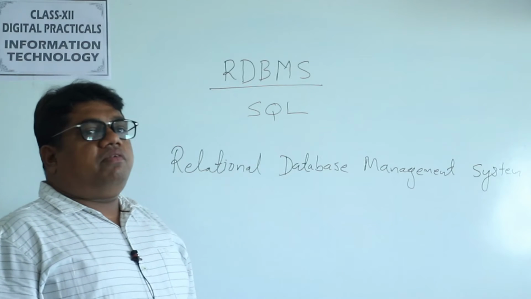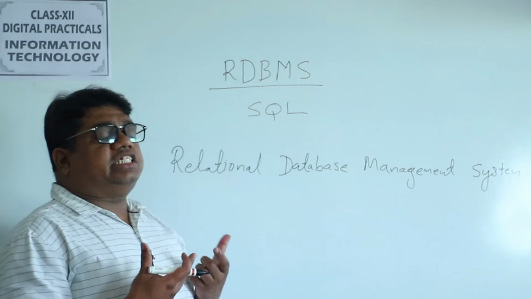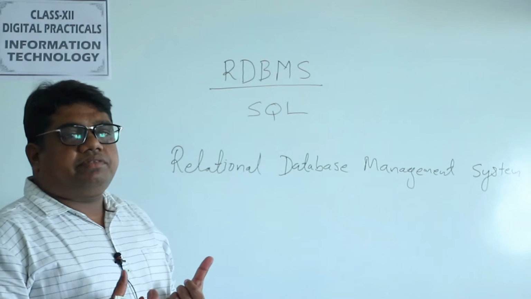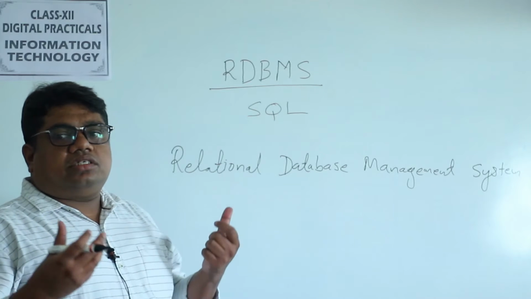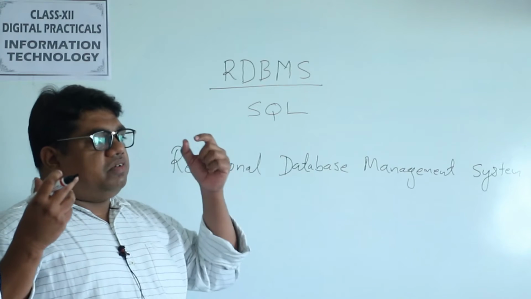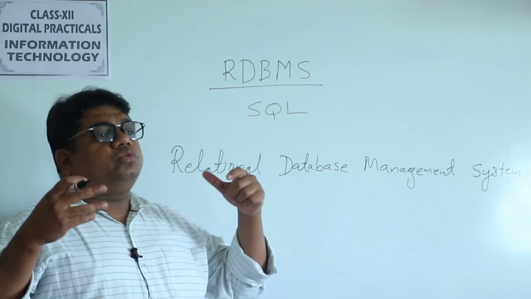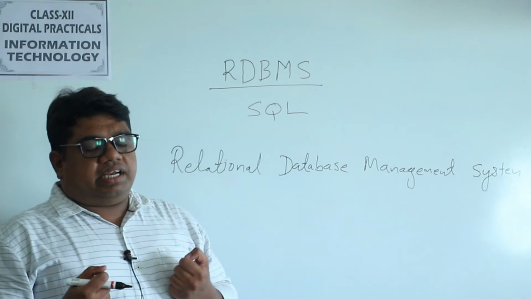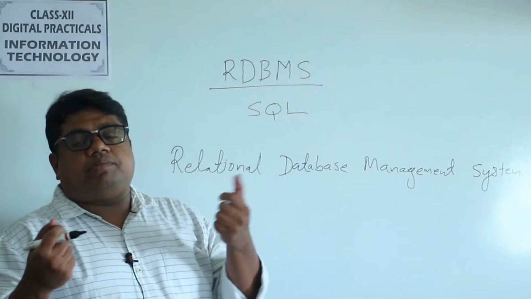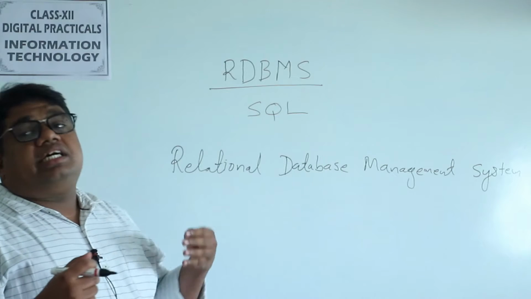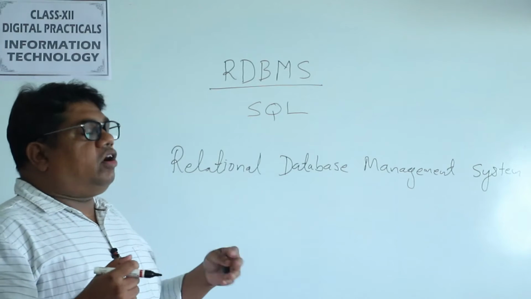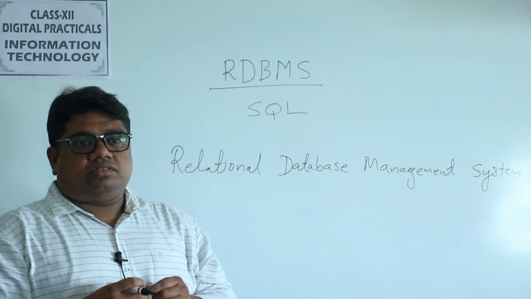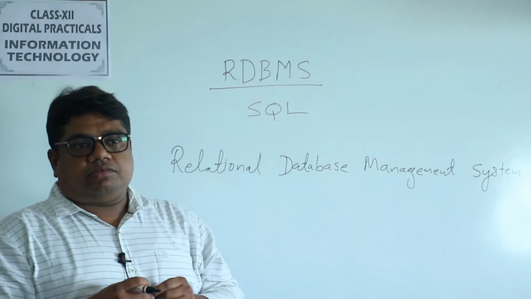Since the invention of the computer, computers were invented to solve problems, to write programs, and by writing programs we used to solve a problem. But later they thought of storing data in computers.